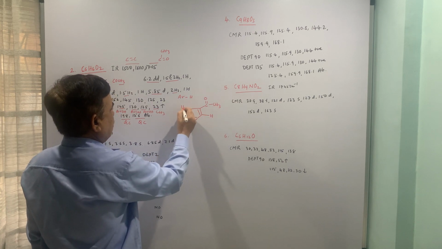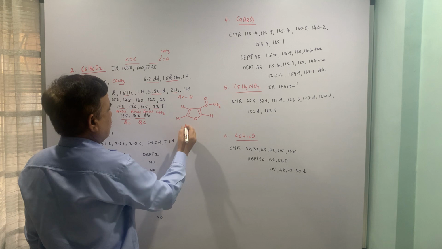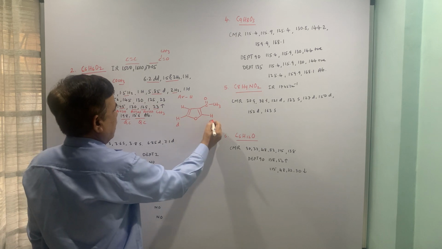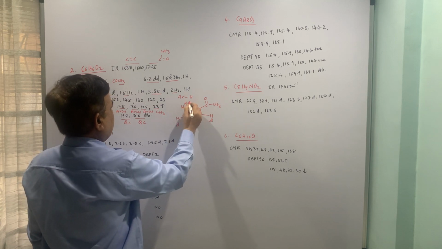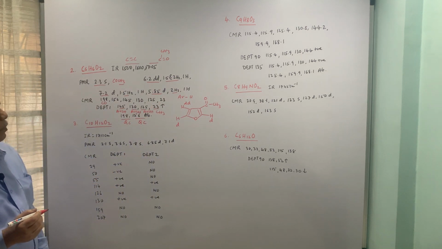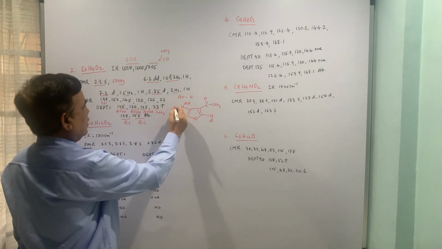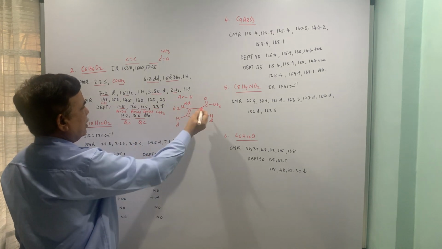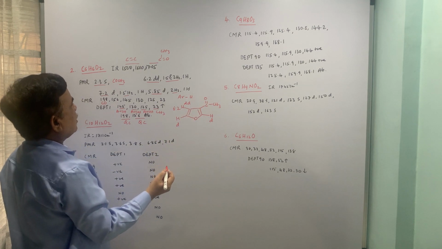These are the protons, doublet, doublet, doublet of a doublet. That is what the pattern is. 6.2 doublet of a doublet. This is 6.2 because it is meta to oxygen as well as COCH3.